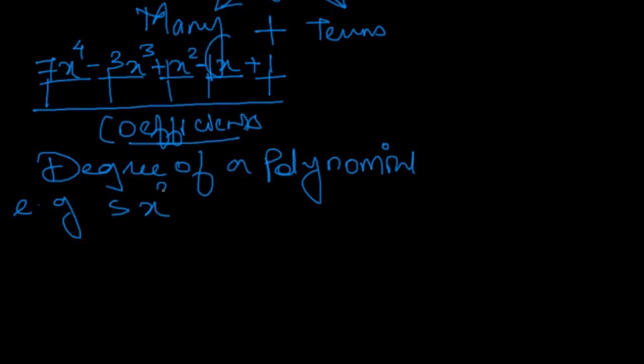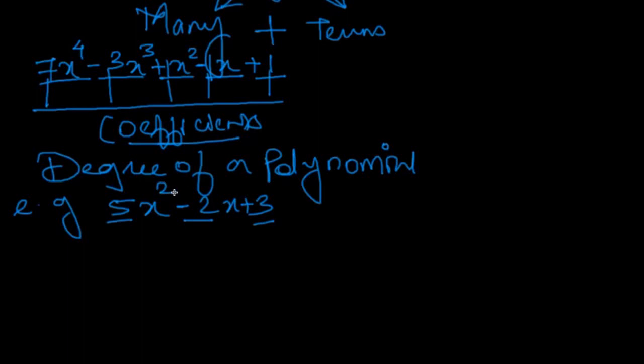5x squared minus 2x plus 3. Here in this example you can make a note of it. Here the variable is x, and 5, negative 2 and 3 are your coefficients. Now the variable x is carrying different powers.